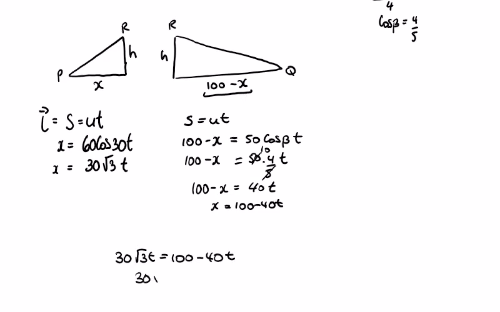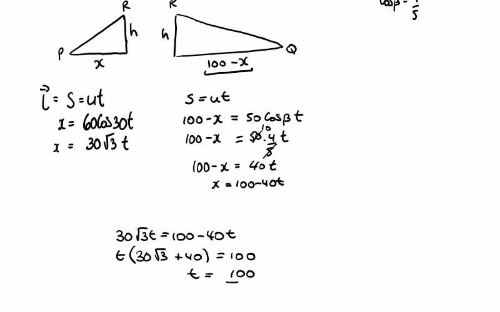So if we take T outside here, T times 30 root 3, we bring across the 40 and make it positive, so plus 40 equals 100. So the time taken is 100 divided by 30 root 3 plus 40. Type this into our calculators, we're going to get 1.0909 seconds. So we can just put that into either one of these, but this is obviously the easiest one.